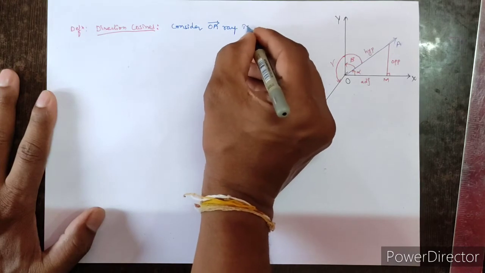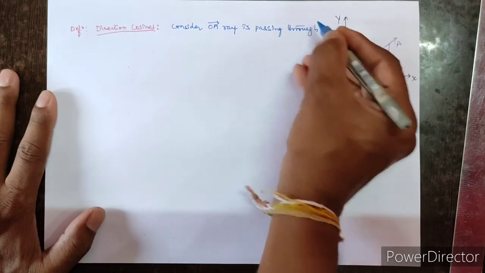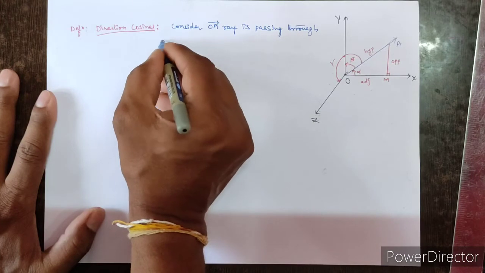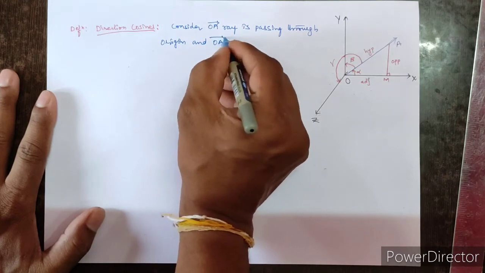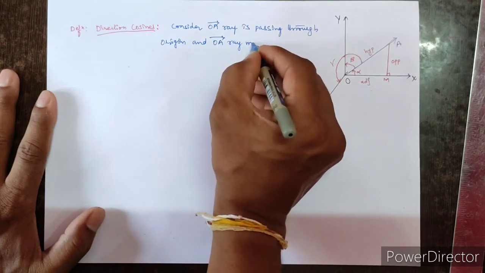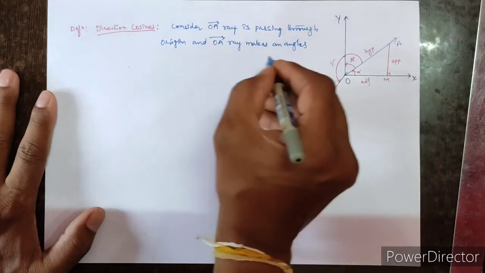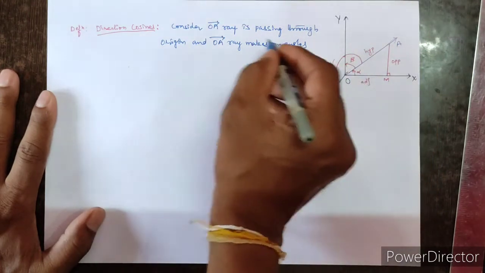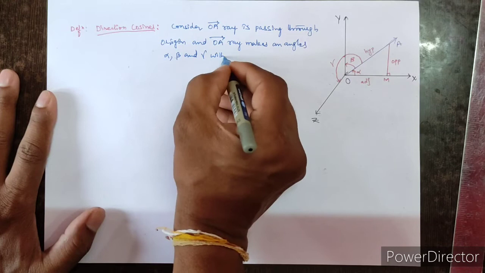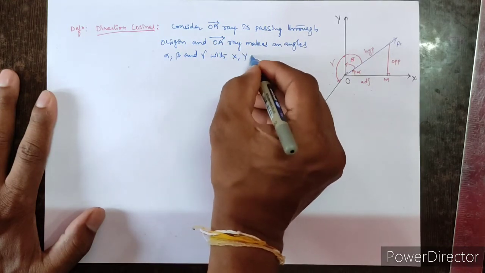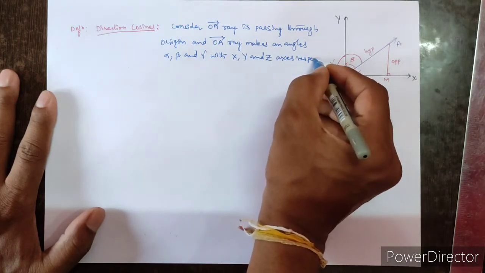OA ray is passing through the origin, and this OA ray makes angles alpha, beta and gamma with x, y and z axis respectively.